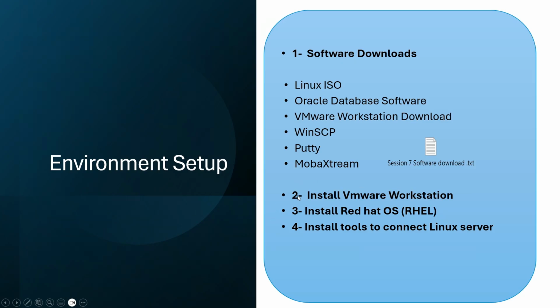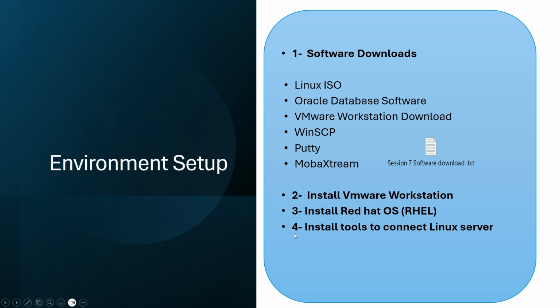Here we will install VMware Workstation, and you can use VMware or VirtualBox, whichever, for the virtualization. And we will install the Red Hat operating system, RHEL 8.6 or 9.6 or 10, whatever version you want to install.